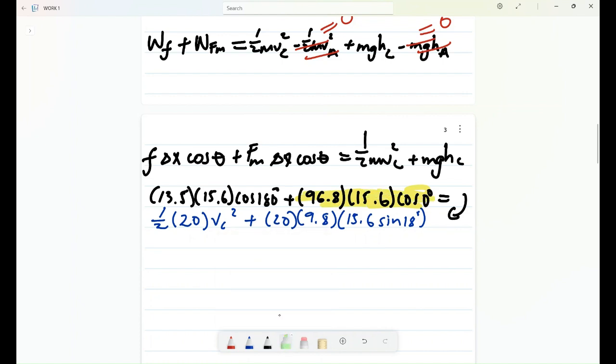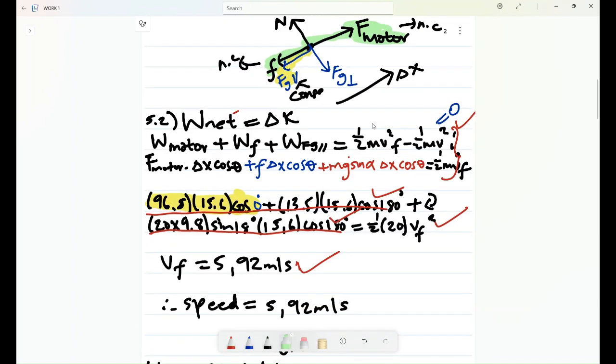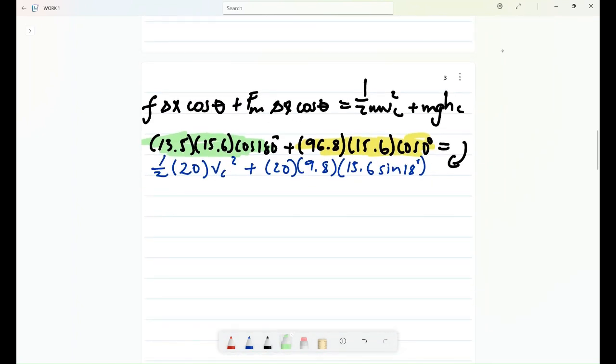Let's look at the substitution of friction. Here we have 13.5 multiplied by 15.6 cosine of 180. Also here we have the same thing, 13.5 cos of 180 multiplied by 15.6. But in the earlier case we had work done by FG parallel, while in this case, instead of work done by FG parallel, we have mgh at C.